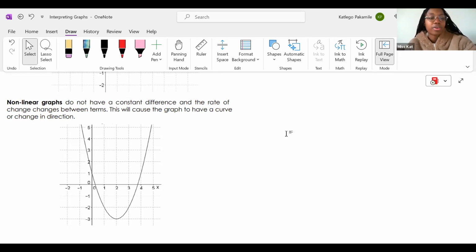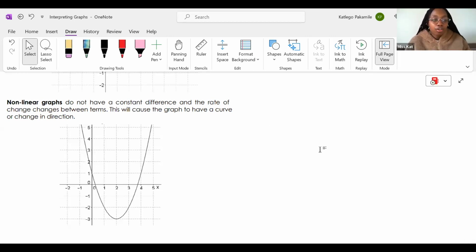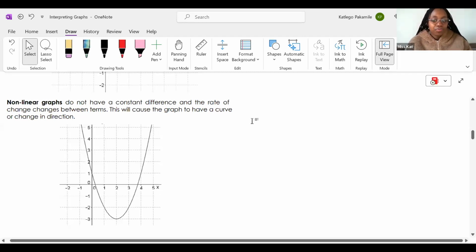That will be the rate of change being different, which will cause the graph to curve and change direction. So if you have a table that does not have a constant difference, or a graph that curves or changes direction, that would be a non-linear graph. I think those are pretty simple and straightforward to understand.